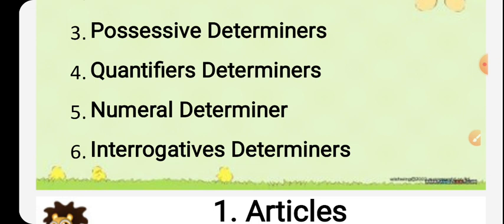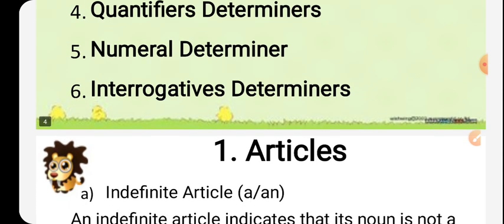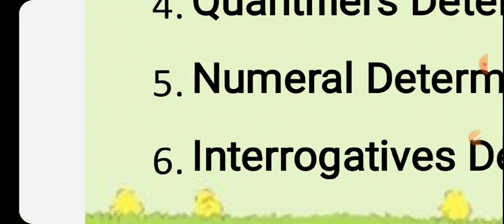I'll tell you about those later on, but again they are just a part of quantifiers, but we'll be studying them as a separate category. Then interrogatives, which, whose, they are the interrogative determiners. So these are our categories.